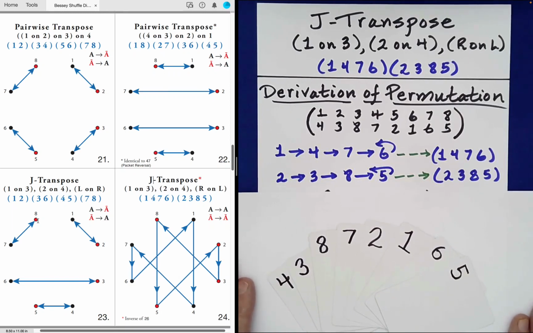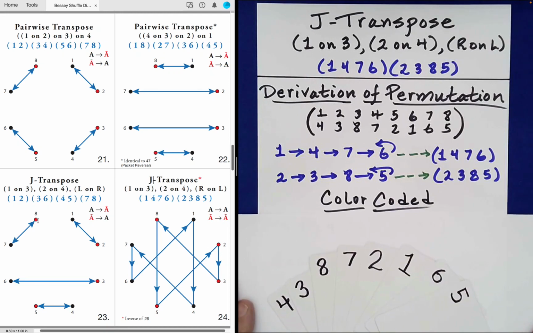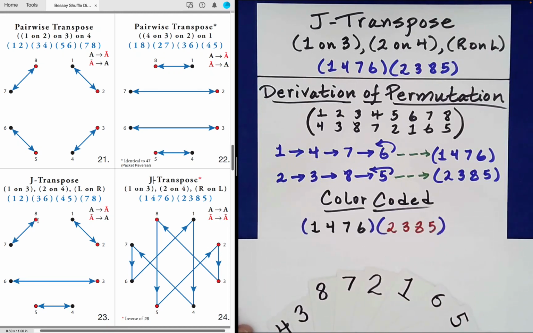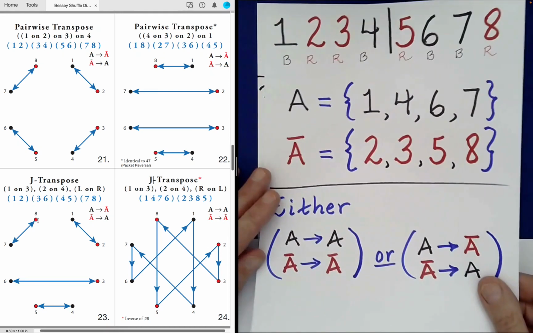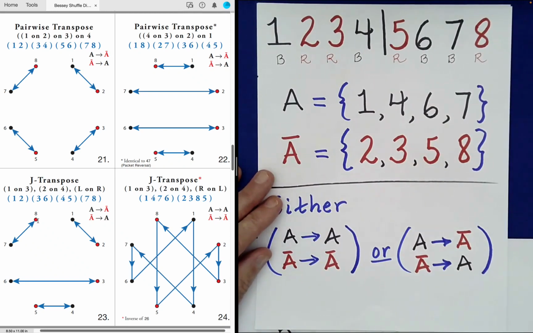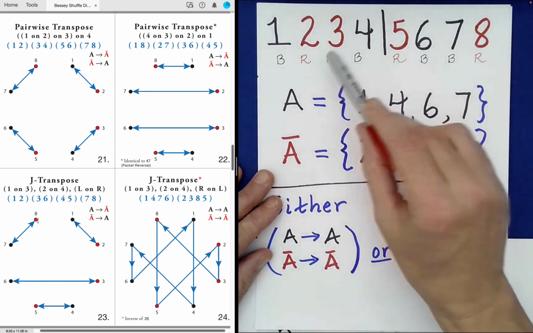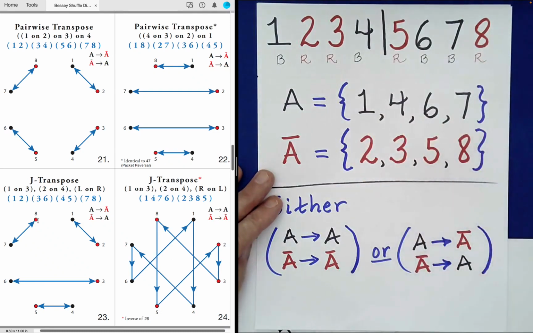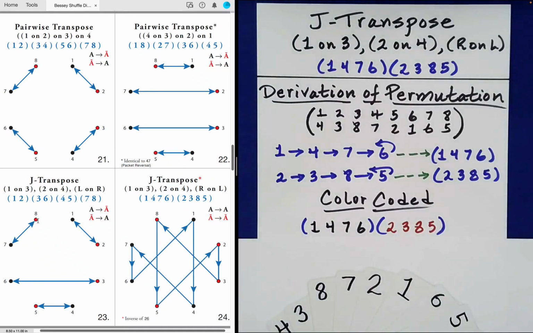If we color code the cycle notation of our permutation, we obtain the following. Recall that the digits are color coded black if they are position values 1, 4, 6, 7, and the position values 2, 3, 5, 8 are color coded red. So we see here that inversion does not occur.